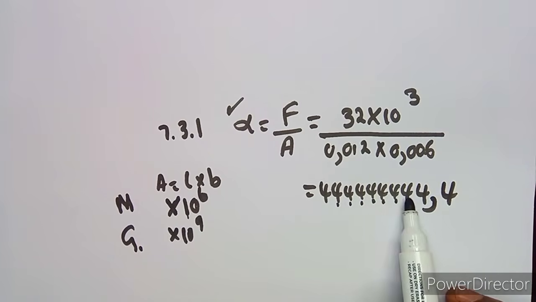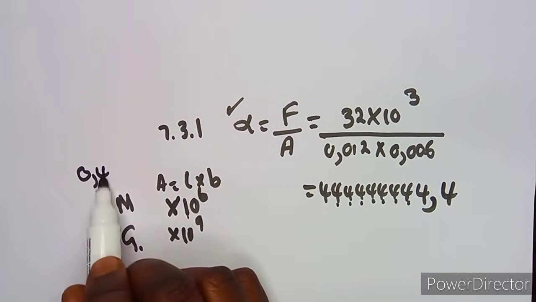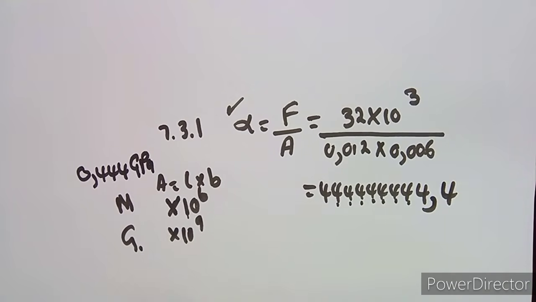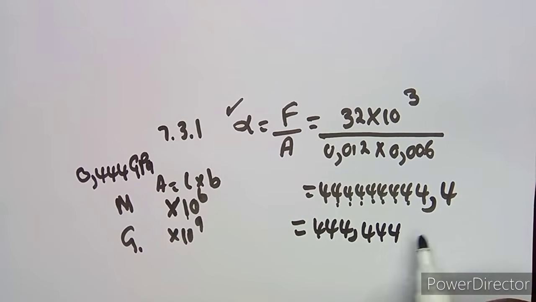We have got 3 here, 6. So if you use 9, it's going to be 0.444 gigapascal. But if you divide by 10 to the power 6, you're going to be left with 444 like this, which is in mega pascals.